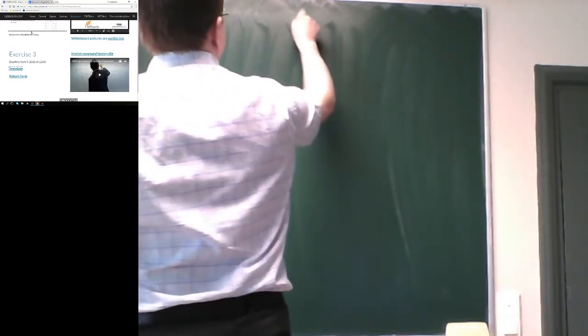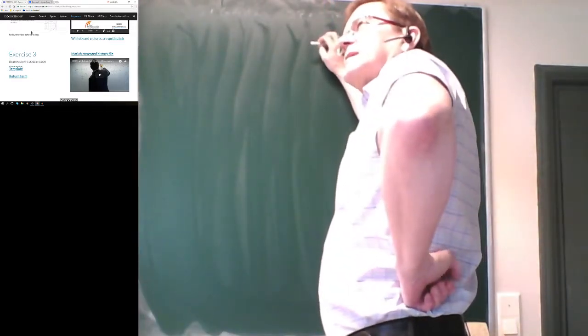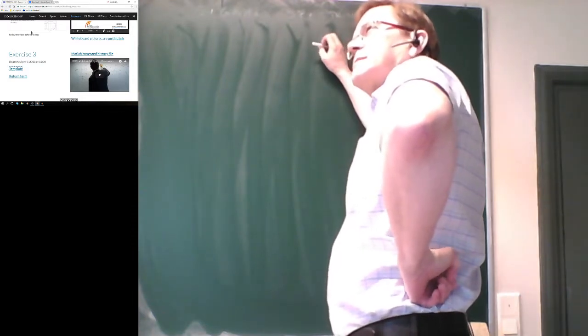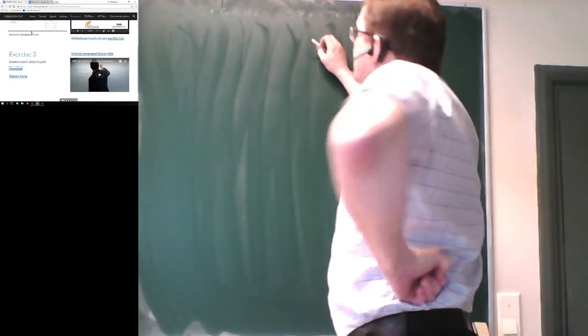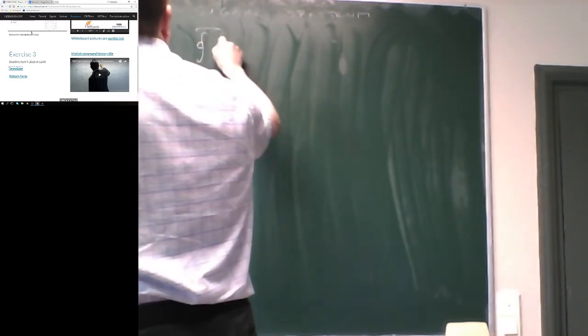Actually, the signal spectrum is about the same. You do the z transform of the signal and then evaluate that at e to j omega, which is exactly the same as doing a Fourier transform of your signal.